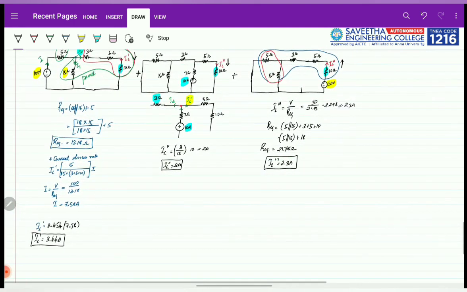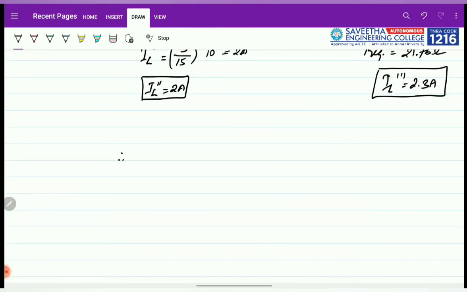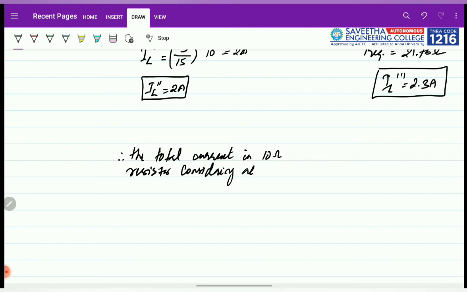Therefore, the total current in the 10 ohm resistor considering all 3 sources is given as, what is it?